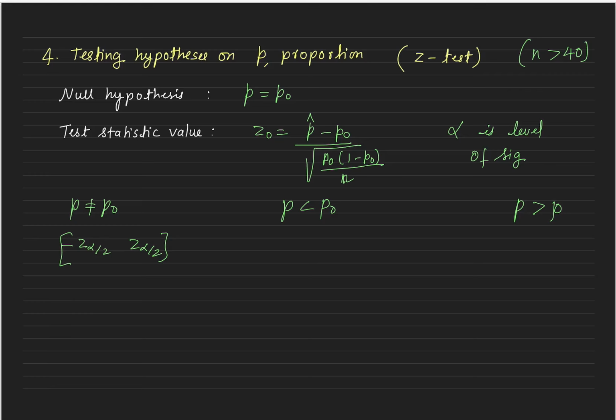In this case, the acceptance region is minus Z alpha to infinity. In this case, the acceptance region is minus infinity to Z alpha. That's it, the same as case 1, what we discussed.